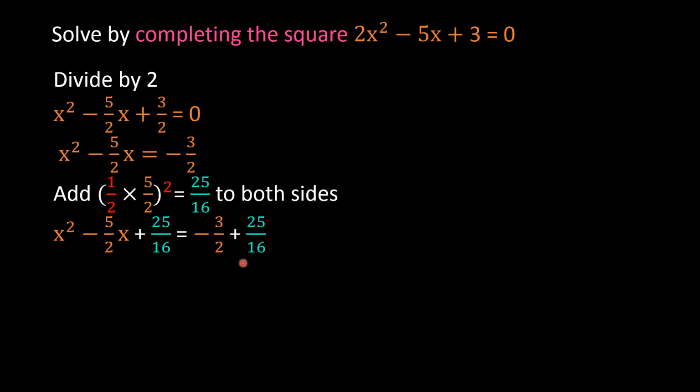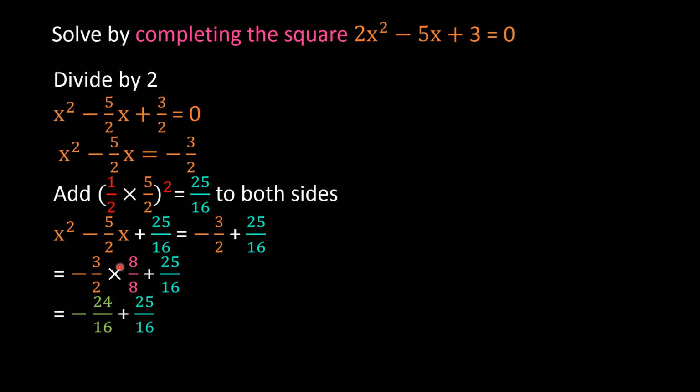Now in order to add this, we have to make the denominator same. Therefore we will multiply minus 3 divided by 2 by 8 divided by 8. Now 2 multiplied by 8 becomes 16. So here the denominator becomes same.